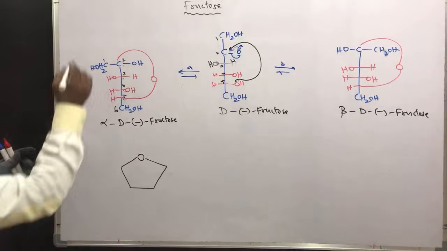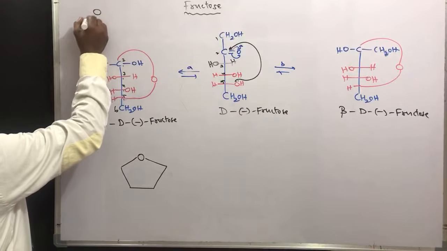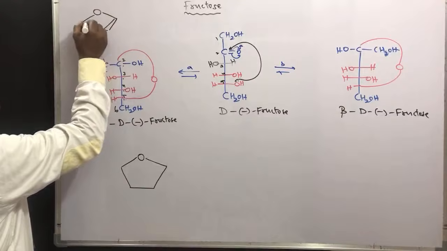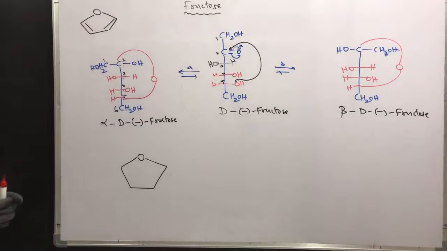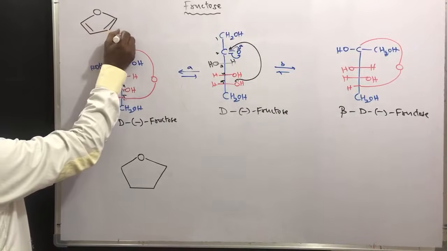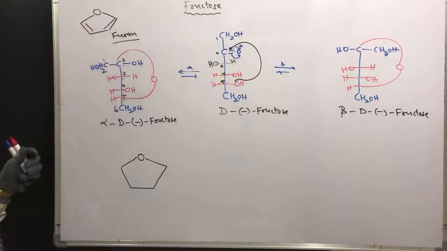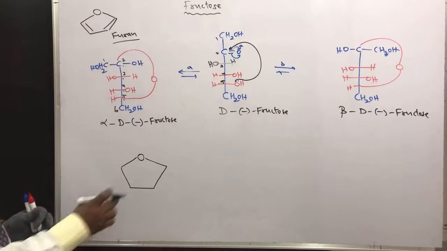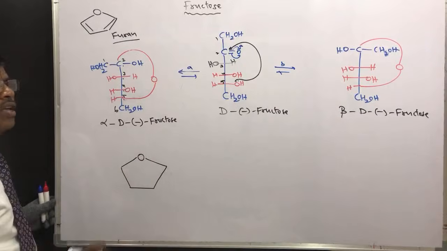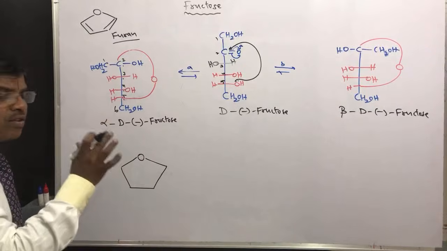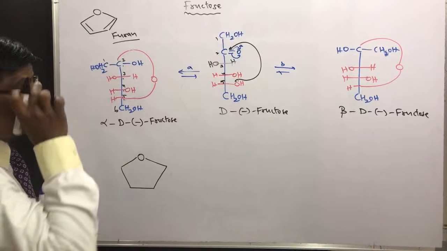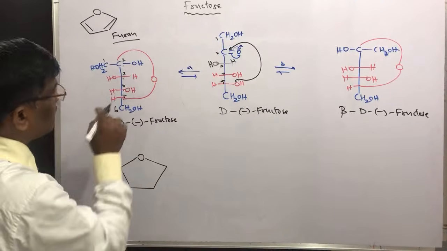It is the heterocyclic compound furan. This is furan. So similar to this furan, fructose is going to exist in this furan form. So fructose is also known as fructofuranose. Right, students? So it is going to exist.